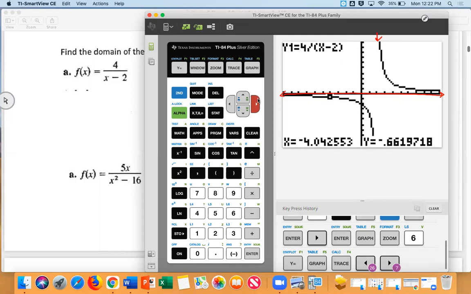Now, if I go for my x value, my domain, watch the x. Watch this number here. What number does this get really, really close to? If you want to follow along on yours, try and make a prediction where you think it will get.